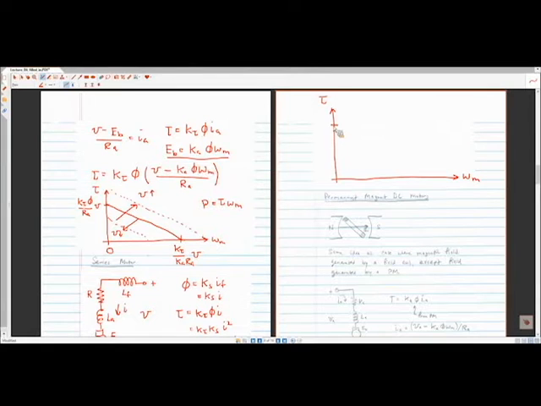Sorry, we can't see the expression right now, but the highest possible torque you can get would be K tau, Ks, Vs squared over R squared.